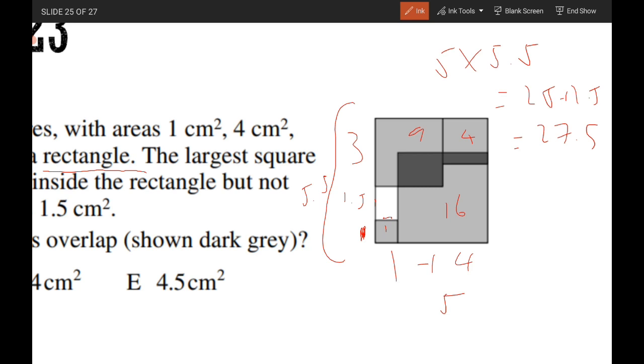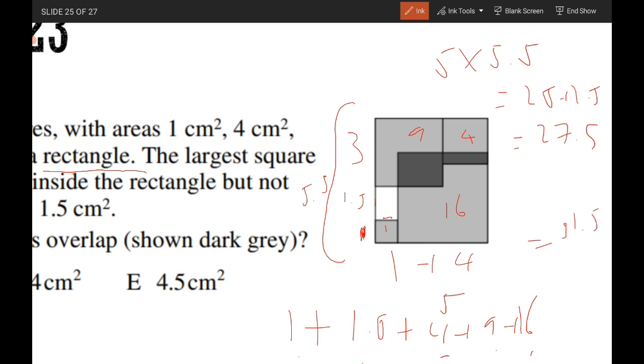Then, if I just add up the value of all of the squares, I imagine they didn't overlap, and the rectangle, so if I just do 1 plus 1.5 plus 4 plus 9 plus 16, that will give me 20 plus 10, 31.5.